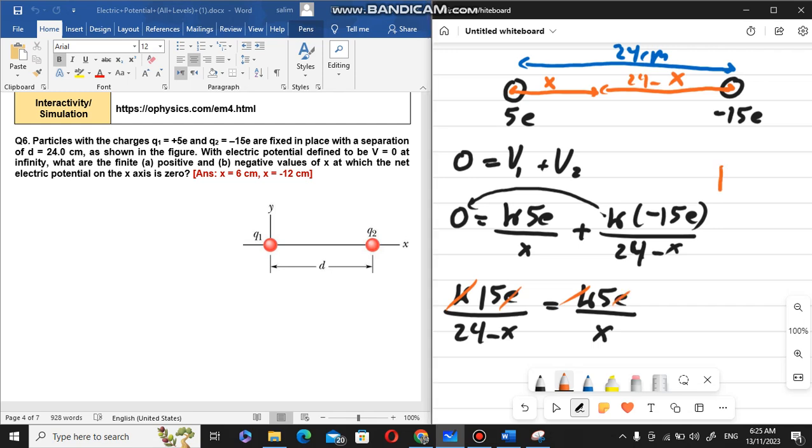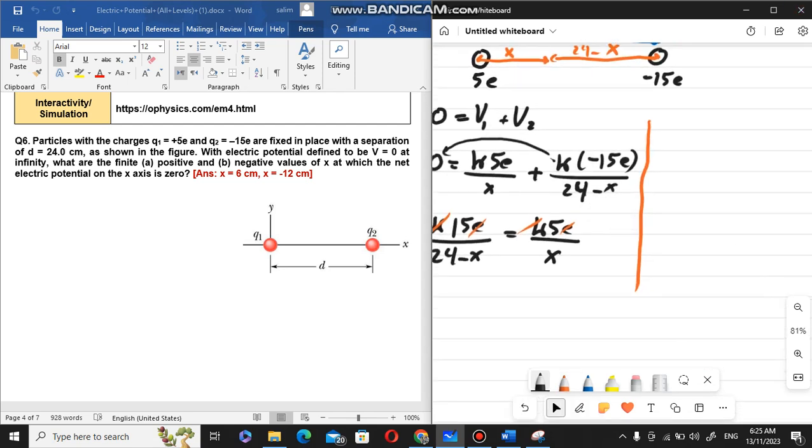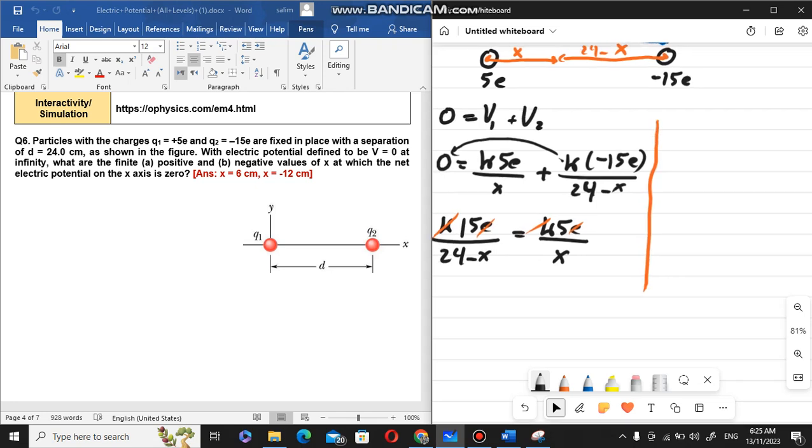So now it becomes simple. We have 15 over 24 minus x is equal to 5 over x. Now just cross multiply. So 15x equals 5 times 24.